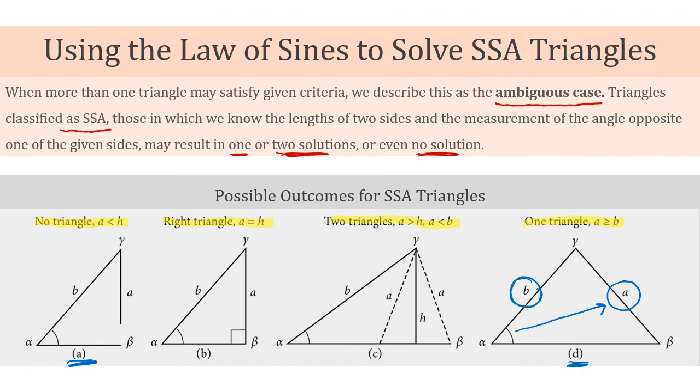And then there'll be two triangles when the side across from the angle that's given to you is less than the second side, or if you happen to know what the height is, that perpendicular, which you probably don't know, but you could find out, if that side A is greater than that height. If it's greater than, then that's what tells us that it's going to possibly swing to the left and swing to the right.